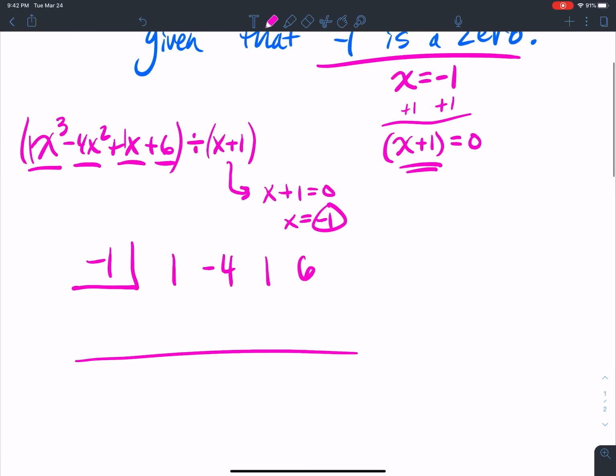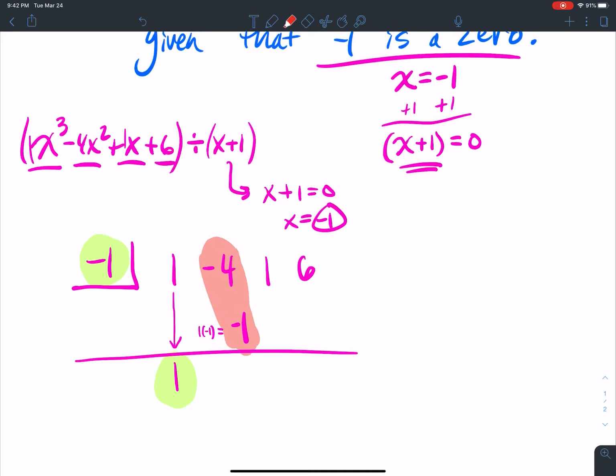So look, what you do first, you take this 1, you bring it down here below the line, okay? Whatever's below the line gets multiplied by what's in the box. So I'm going to multiply 1 times negative 1. When I multiply 1 by negative 1, what do I get? I get negative 1, okay? Now I'm going to take what's above the line and add it together.